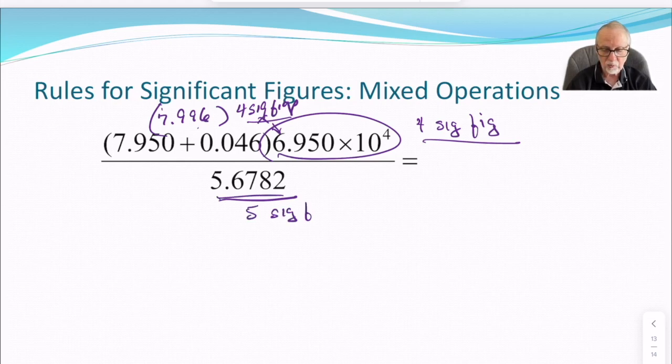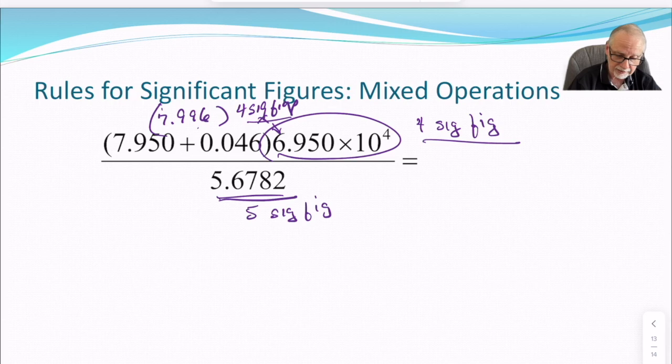All right. So once we've done the addition, now we're doing multiplication and division. The rules for multiplication and division are that the number of sig figs in our final answer is determined by the least number of sig figs in our calculation.